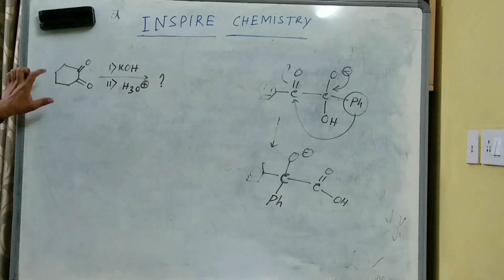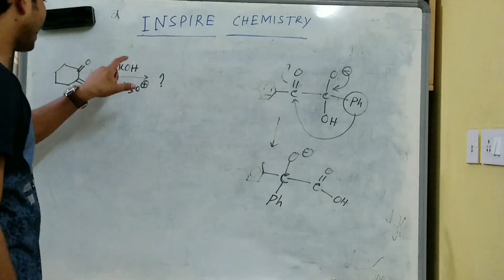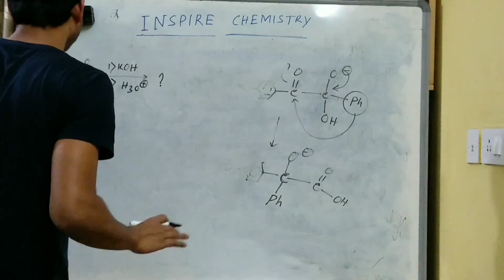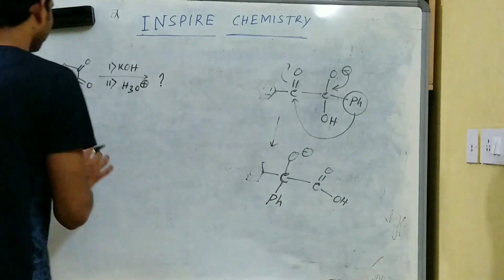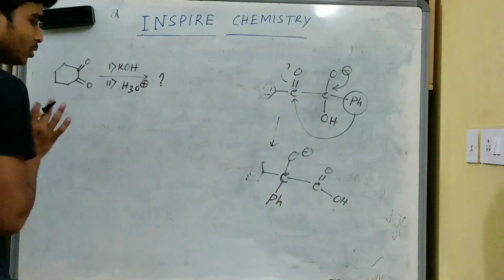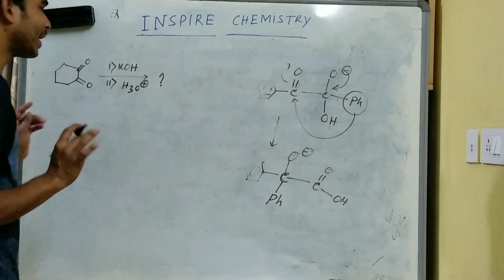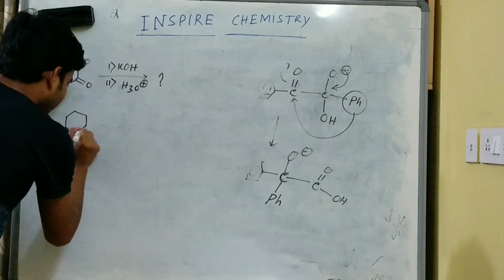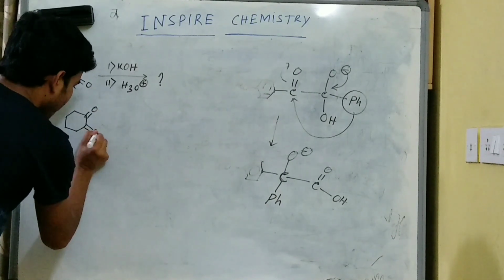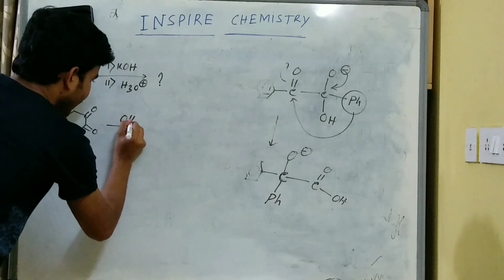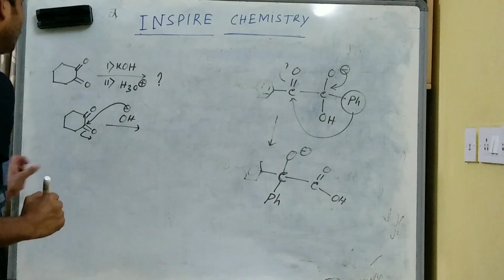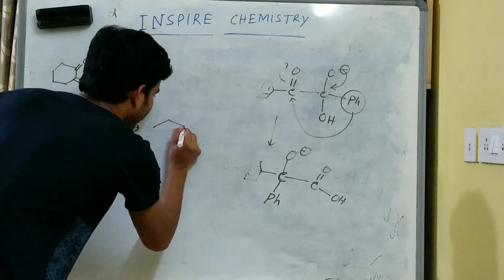We see that a diketone is present and OH minus base is also present. So without any complication, we just write the benzil-benzilic acid rearrangement. At first this substrate and OH minus, it will attack this carbon. What will form here?